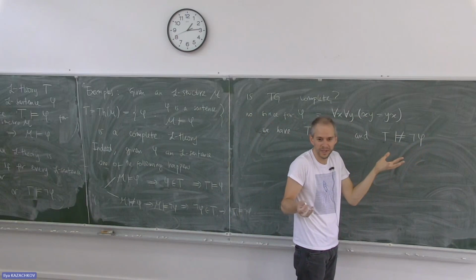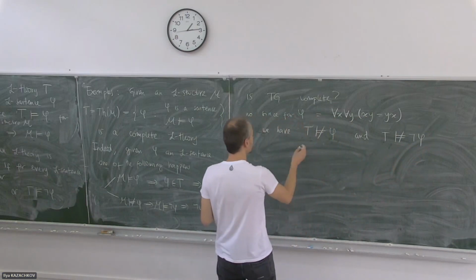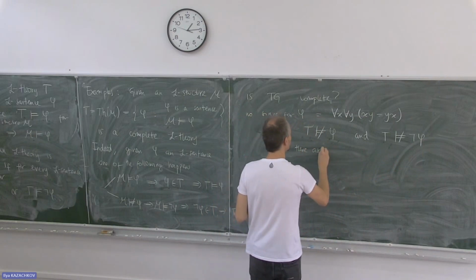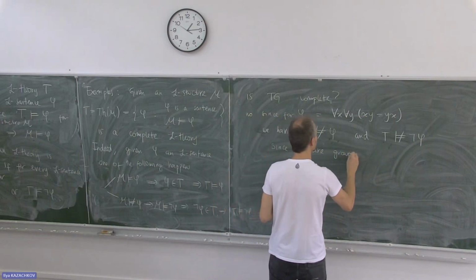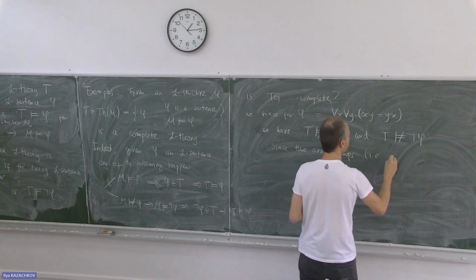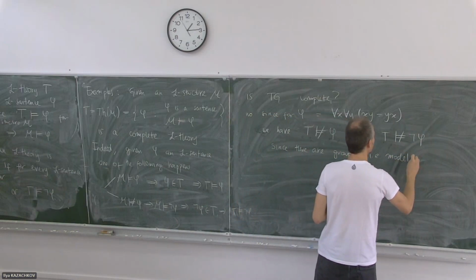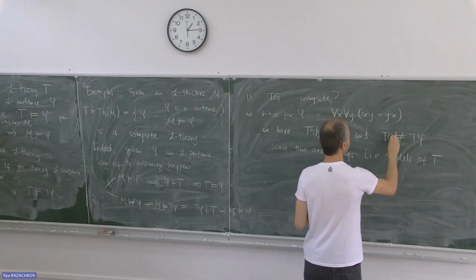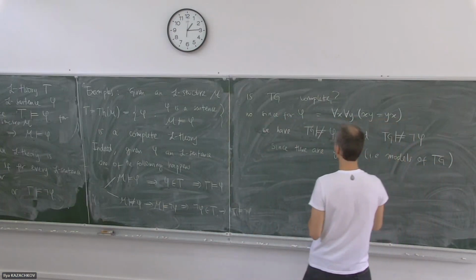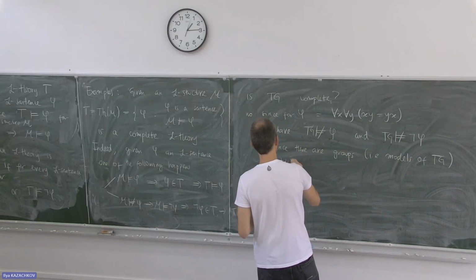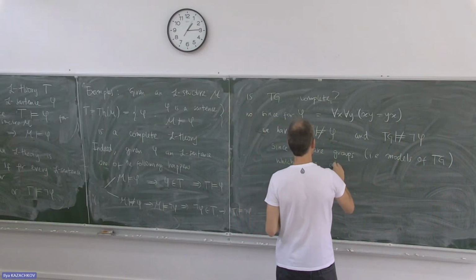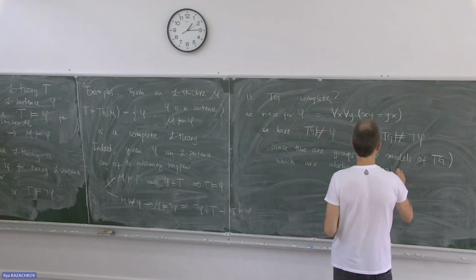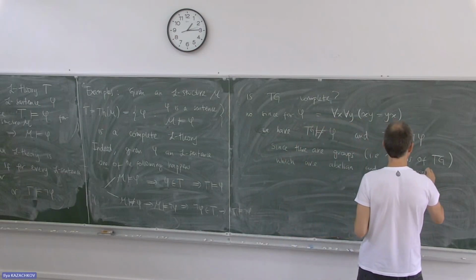But of course, we're going to find both, since there are models of T, so of TG, sorry, which are abelian, and also groups which are not.